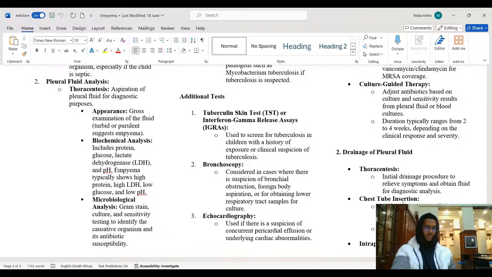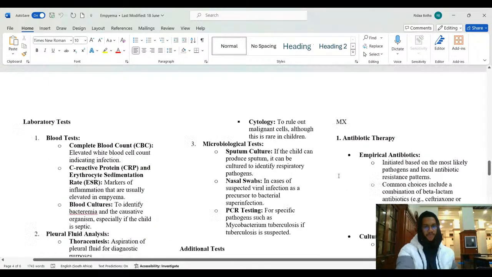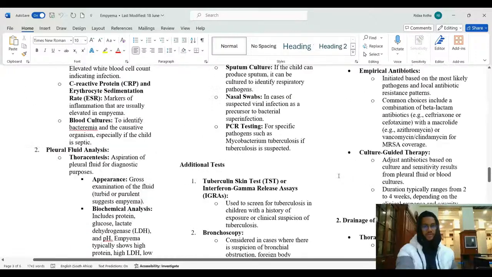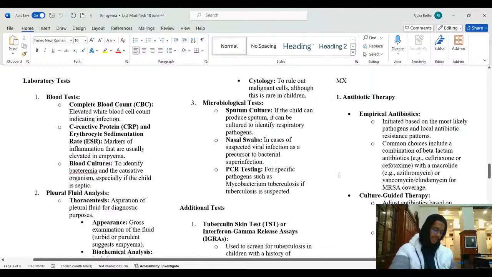The biochemical analysis shows high protein, high LDH, low glucose, as well as a low pH. You would also do a gram stain, culture and sensitivity to identify the causative organism. In cytology, you could also do it to rule out malignant cells.